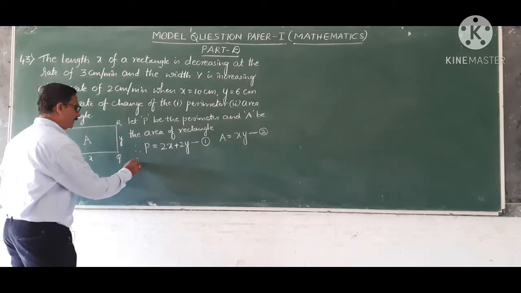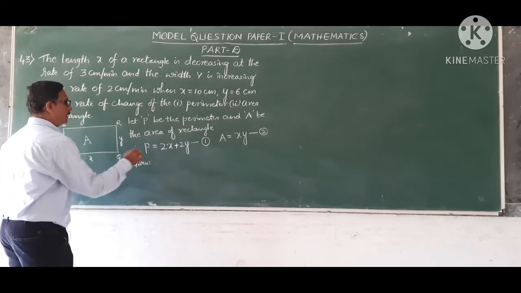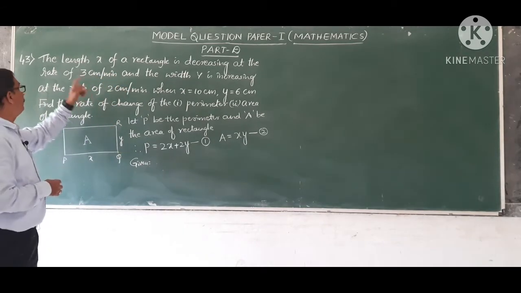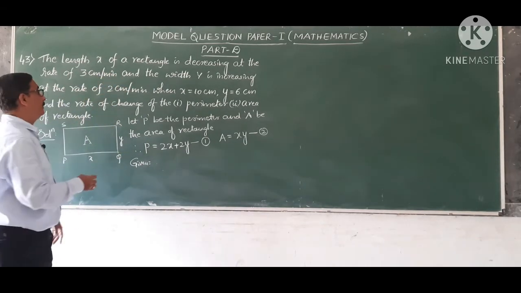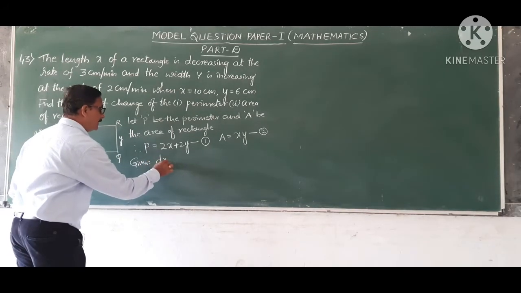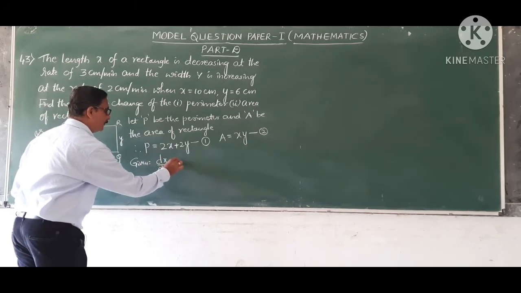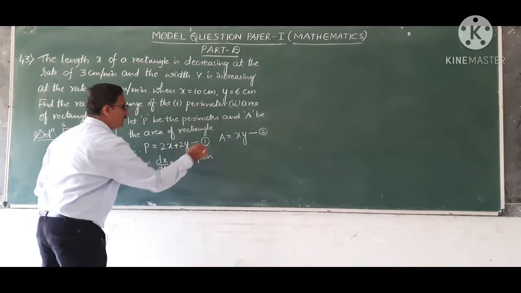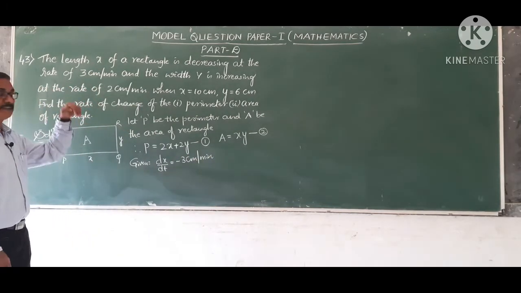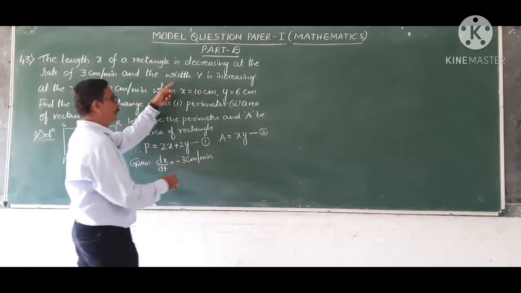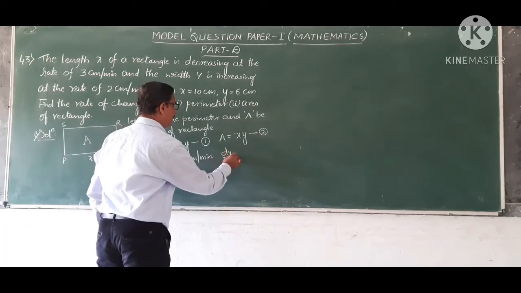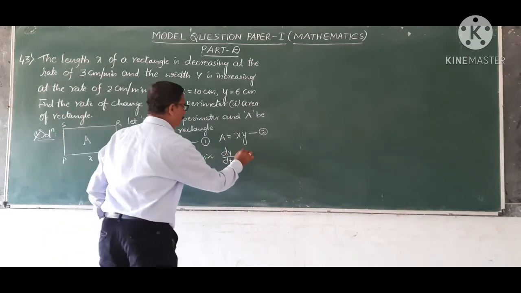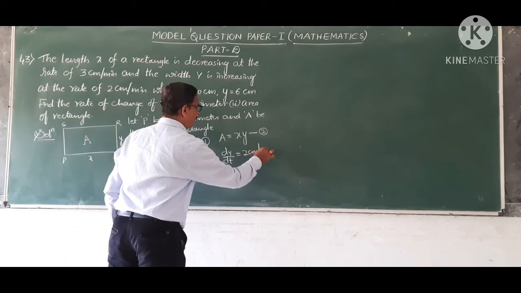Now the given data. The length x of the rectangle is decreasing at the rate of 3 centimeter per minute, that is dx by dt is equal to minus 3 centimeter per minute, because it decreases. Whereas the width y is increasing, so dy by dt is equal to plus 2 centimeter per minute.